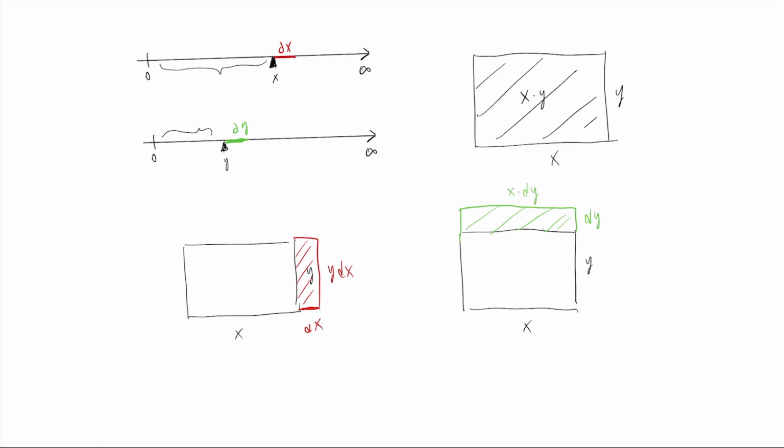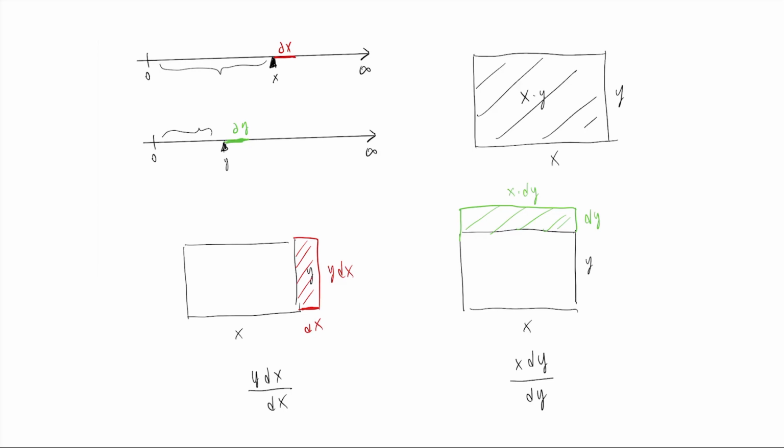And now to find the derivative, we need to ask the question, what is the ratio of these two areas to the inputs that cause them? On the left side, we have y dx over dx, and on the right side, we have x dy over dy.